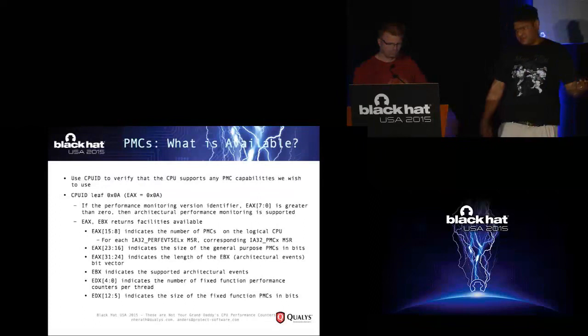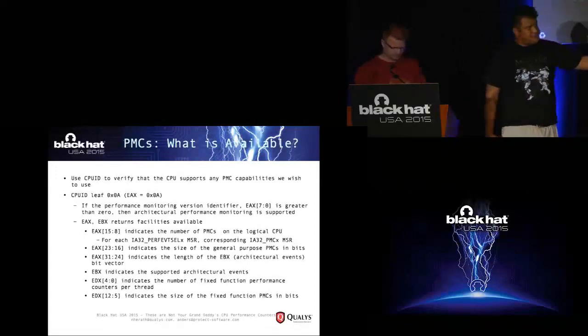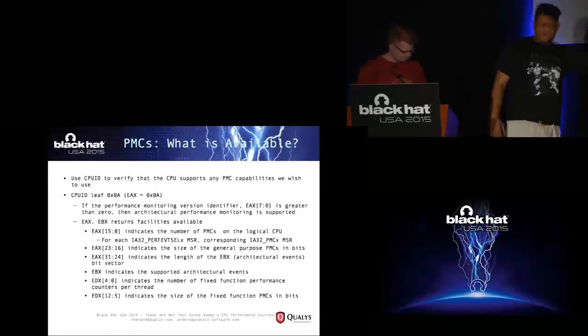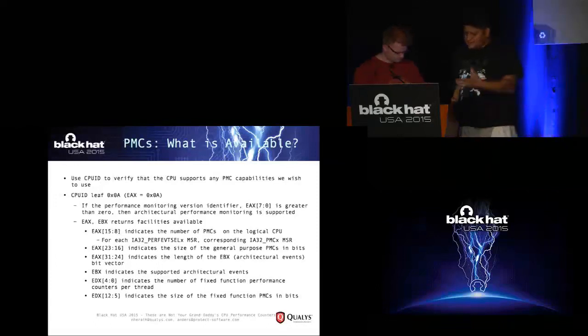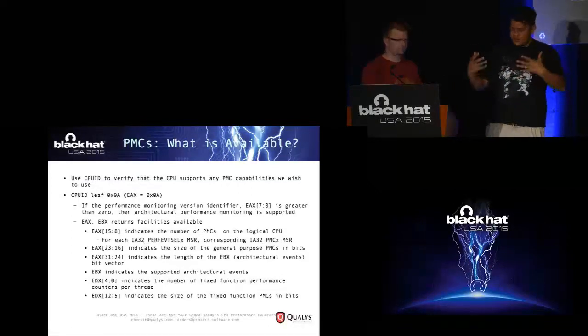So this is leaf 0xA, and this is the basic information that it returns in terms of all the different things related to performance monitoring. And again, you can have a look at the manual, and it'll give you a clear idea of what information you can get, how you can determine which events are supported, and how you can use it.